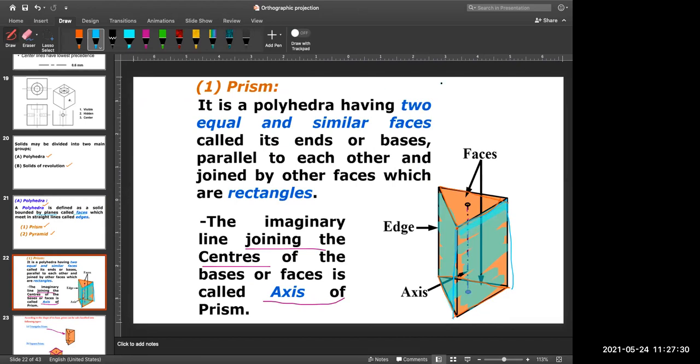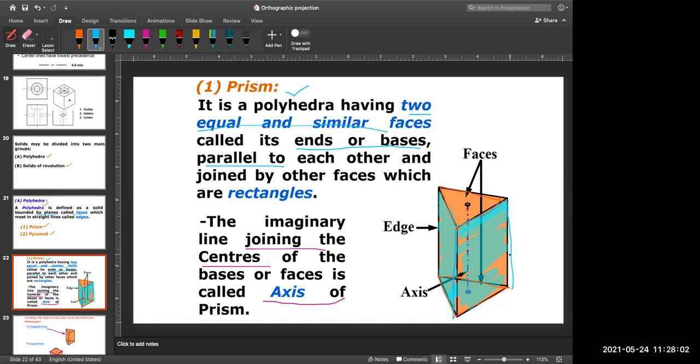In prism, prism is a polyhedra having two equal and similar faces. Here at the top and at the bottom, you can see triangles are there. They are equal in nature, they are similar faces, called its ends or bases, parallel to each other and joined by other faces which are rectangles.